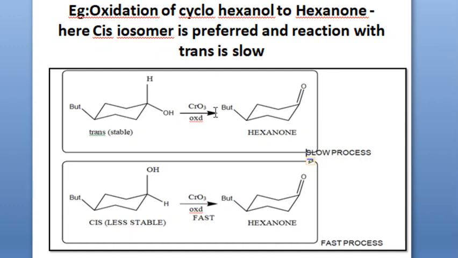So OH is in equatorial position here, axial position there. If OH is axial with respect to butyl in equatorial, then it is cis. If OH is equatorial and butyl is also equatorial, in 1,4 condition it is trans.